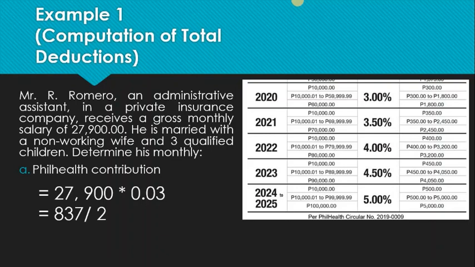Because half of your contribution should be paid by your employer, so only half will be deducted from you. What is half of 837? That is 418.5. So 418.5 is your PhilHealth contribution and will be deducted from your salary.